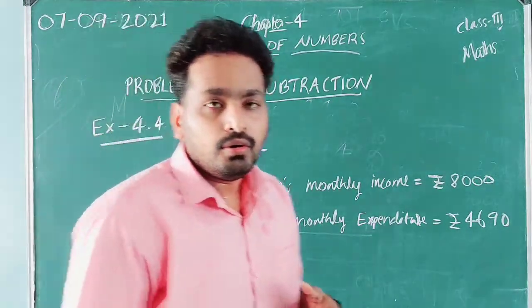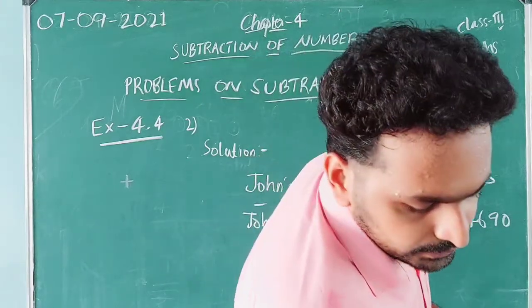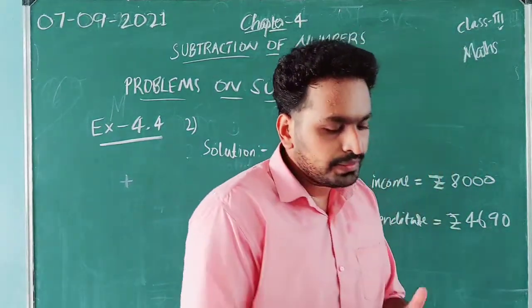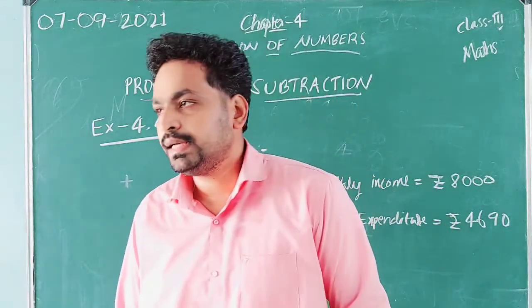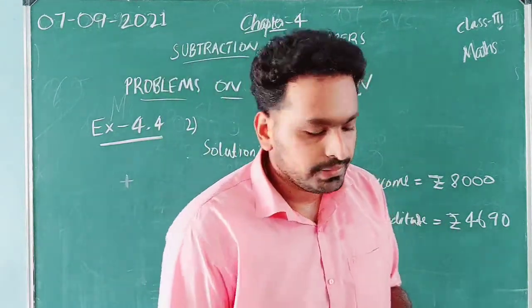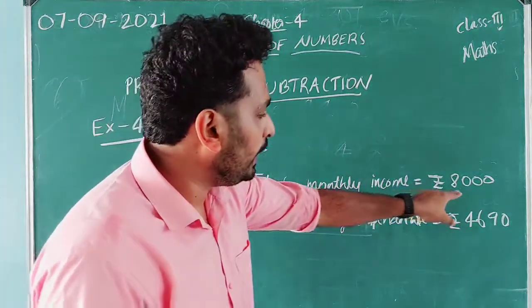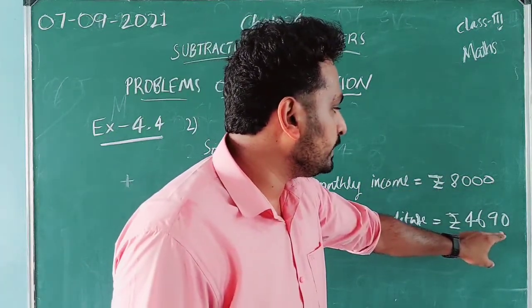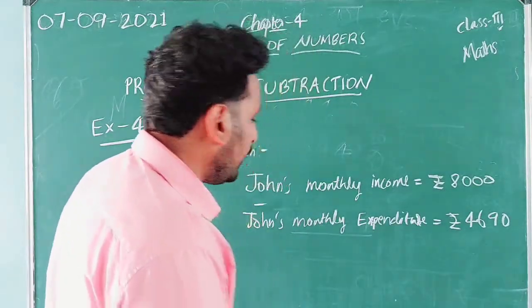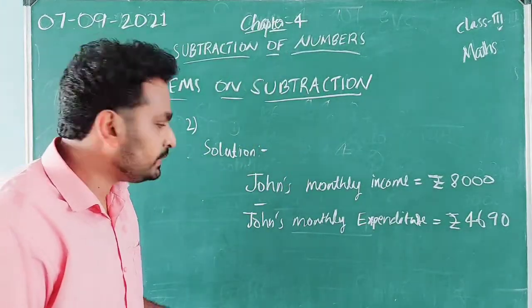So, what is the question here? Finding his monthly savings. They already gave the formula also. Savings is equal to income minus expenditure. What is the income here? 8,000. And what is the expenditure here? 4,690. So, how to find the savings?